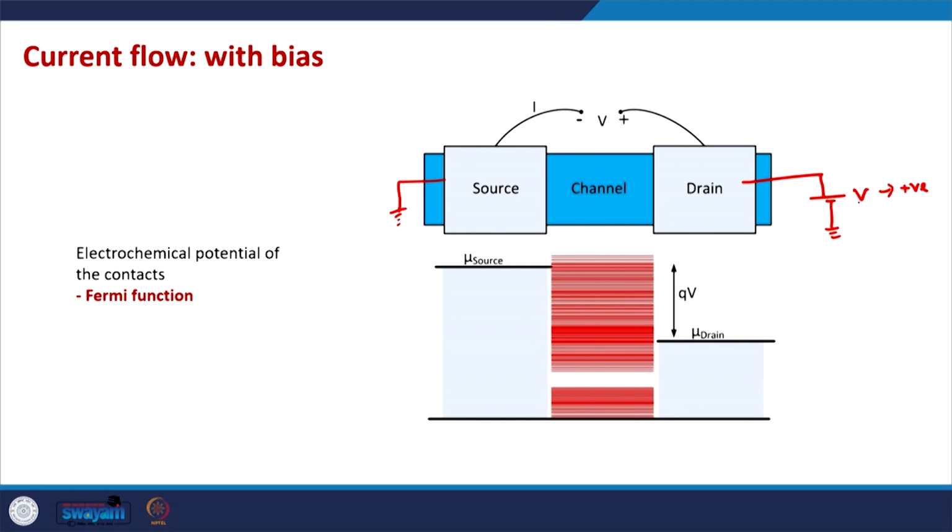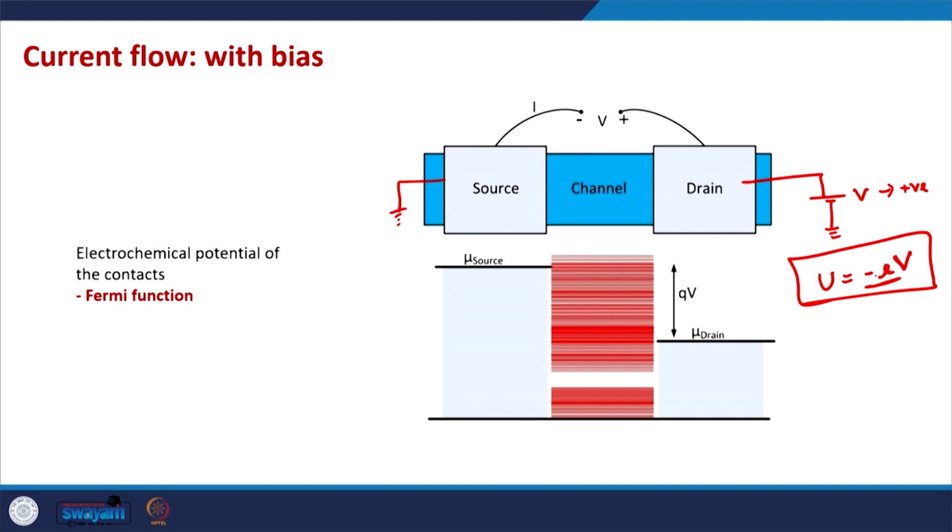By virtue of the positive voltage, the potential energy of electrons will go down in the drain terminal, because the potential energy is given as the electronic charge, which is essentially minus q, where q is the unit charge, times the applied voltage.